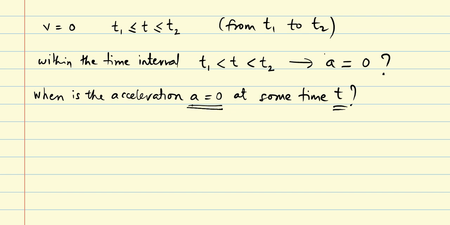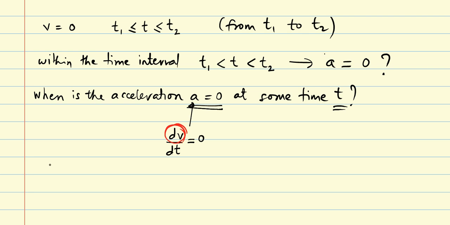We remind ourselves that the acceleration is defined by dv by dt, and for this to be equal to 0, it is necessary that dv must be equal to 0. In other words, the velocity must not change in any small time interval dt which contains the time t.